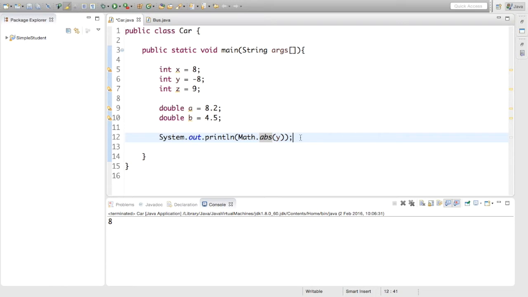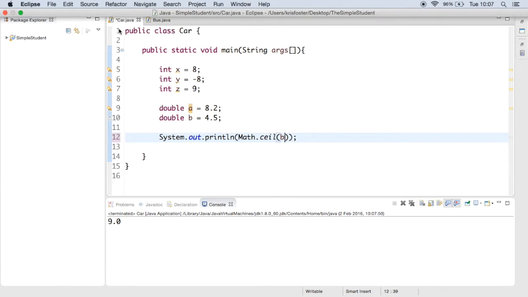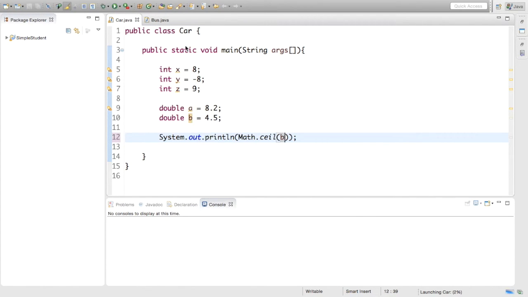Okay, the next method we're going to look at is called ceil. And basically what ceil does is it rounds a fractional number or a double up to the next whole number. So if we say ceil a, it will basically round a up to the next whole number. So it'll round 8.2 up to 9. If we say ceil b, then it will round 4.5 up to 5.